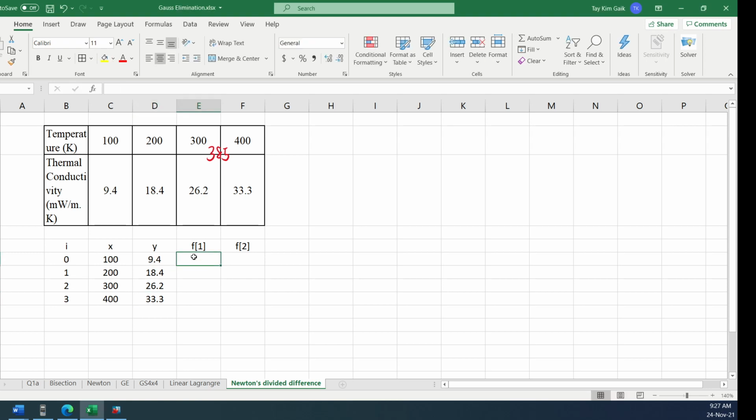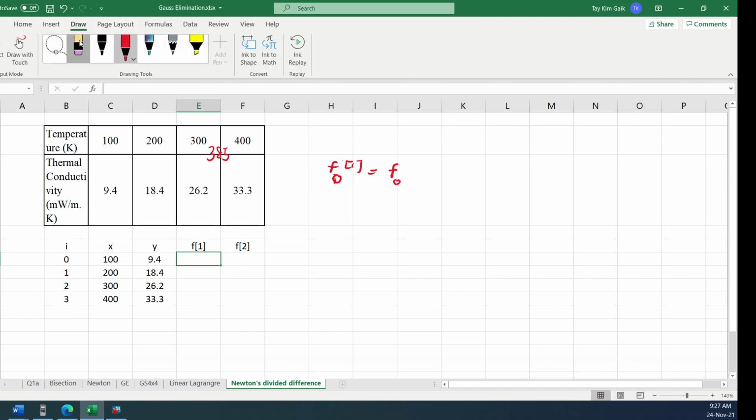So the first level of Newton divided difference you have here, Fi, let's say this is F01, will be the F0. This cell is F01.